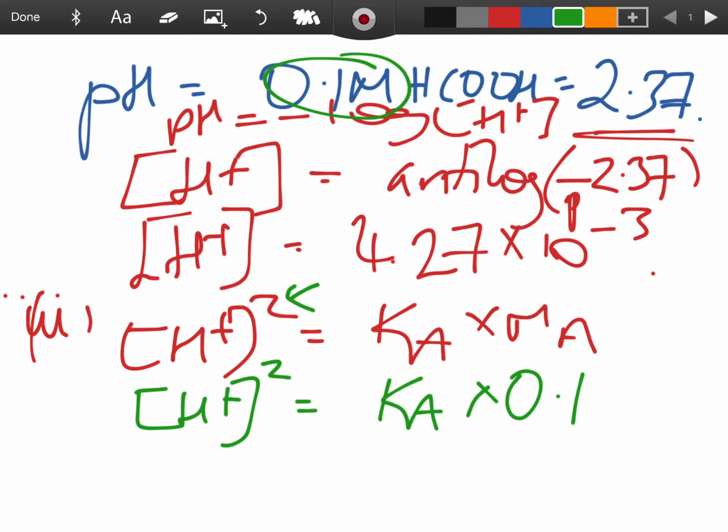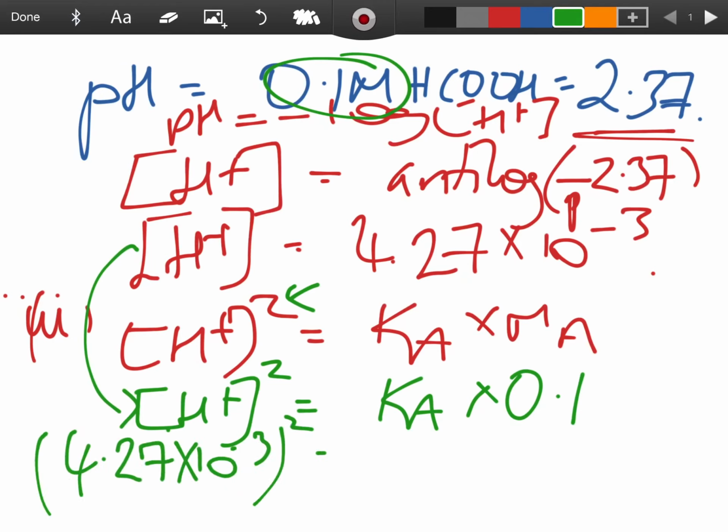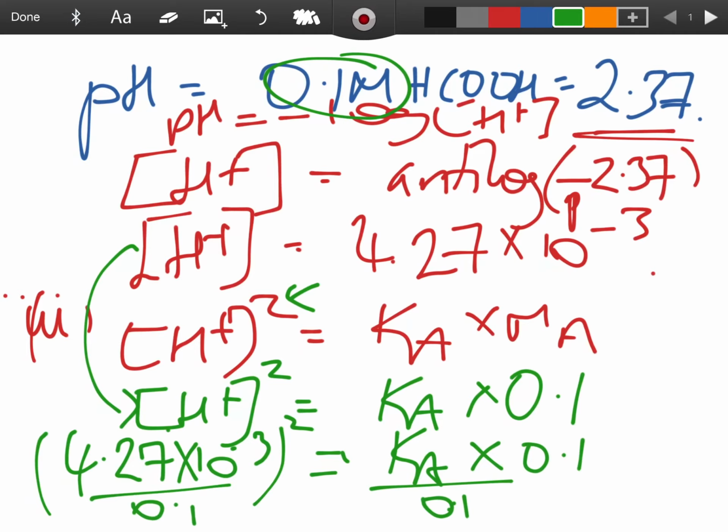And then when you manipulate that, so what was our hydrogen ion concentration again? Here, look, so that was 4.27 by 10 to the minus 3 to be squared is equal to the Ka times 0.1. And then if you divide both sides by 0.1, you get a Ka value of 1.82 by 10 to the minus 4. Okay, so that's my Ka value.